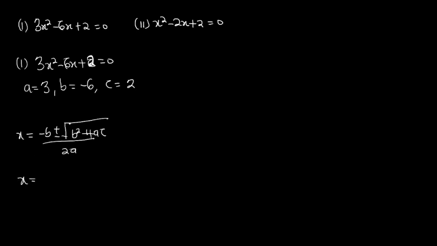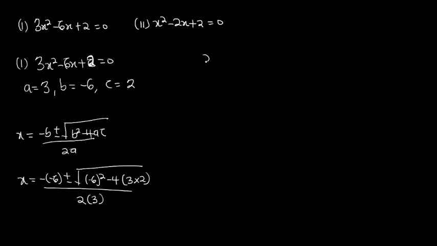Minus b: b is minus 6, so minus b is 6. So x equals 6 plus or minus the root of b squared, which is minus 6 squared, minus 4 times a, which is 3, multiplied by c, which is 2, all over 2 times a, which is 3.